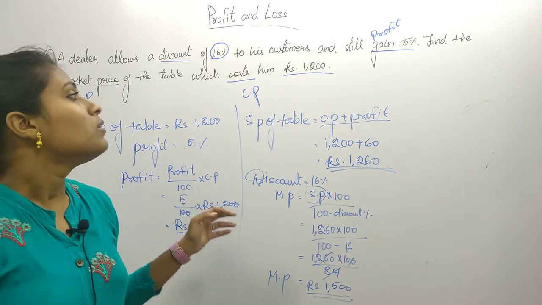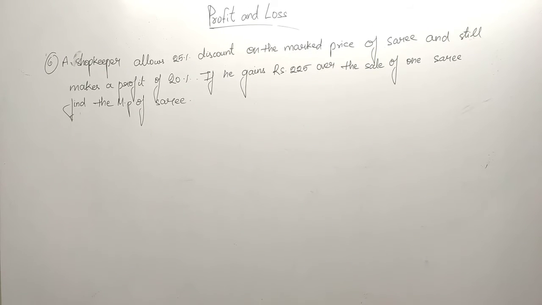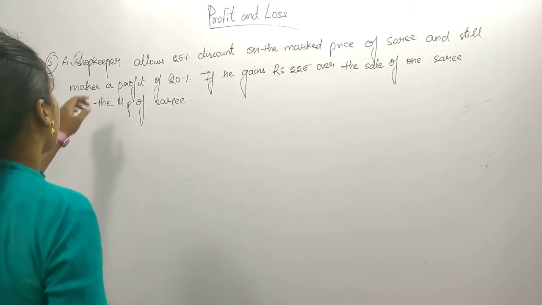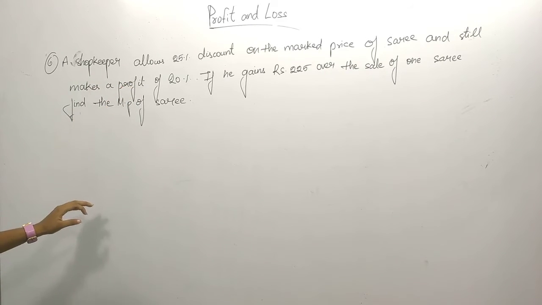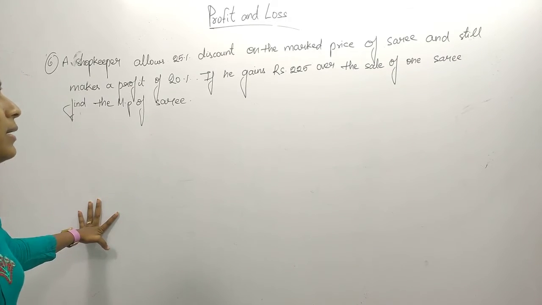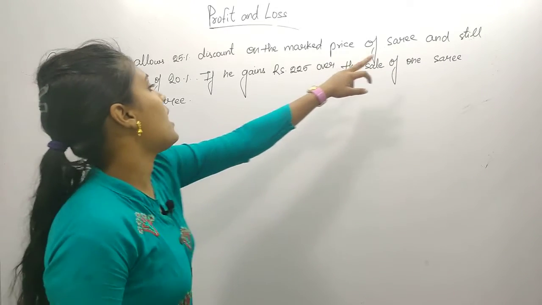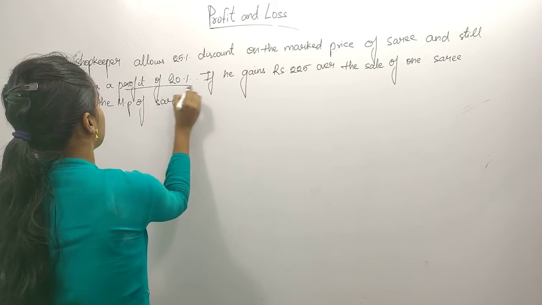Okay, let's solve the next question. What is the next question given here? A shopkeeper allows 25% discount on the market price of a sari and still makes a profit of 20%.